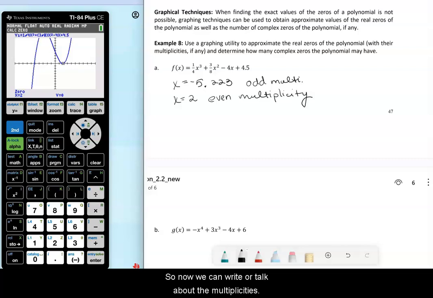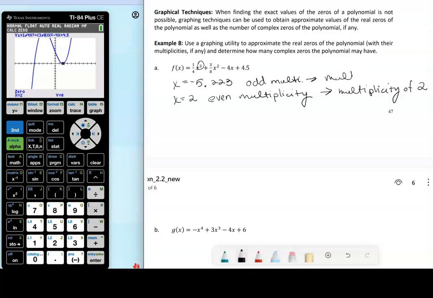So now we can talk about the multiplicities. Since we have a maximum power of 3, this one has a multiplicity of 2. And the other one must have a multiplicity of 1. Because the multiplicities, when you add them up, cannot be larger than the degree of the polynomial.